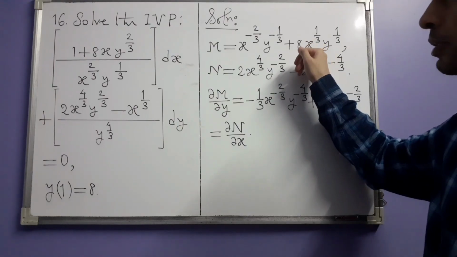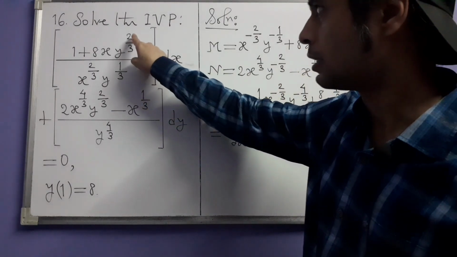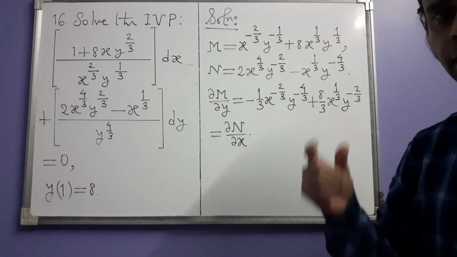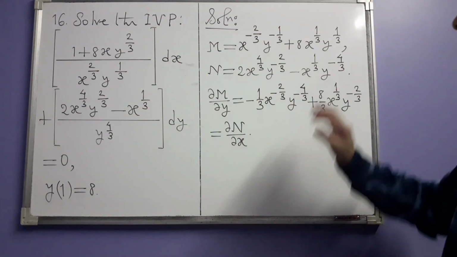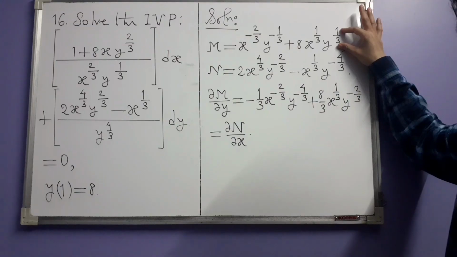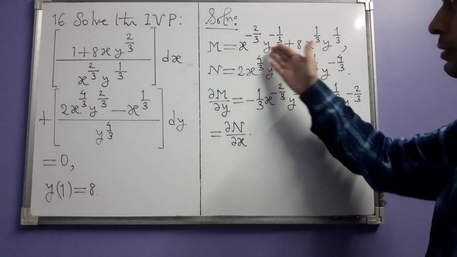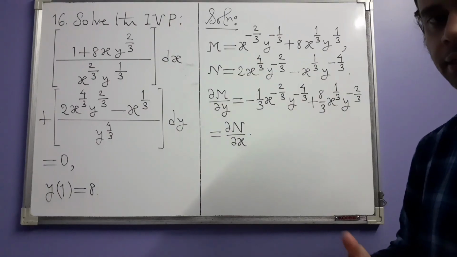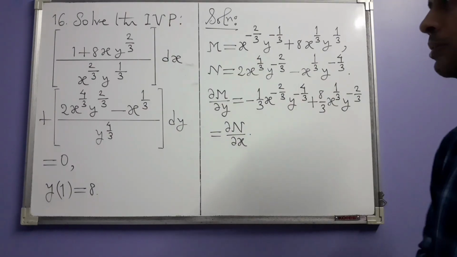On the other hand, 2 over 3 minus 1 over 3 is the exponent of y, which is again 1 over 3. So that's how. This one is more manageable than that one, as far as differentiating it is concerned.